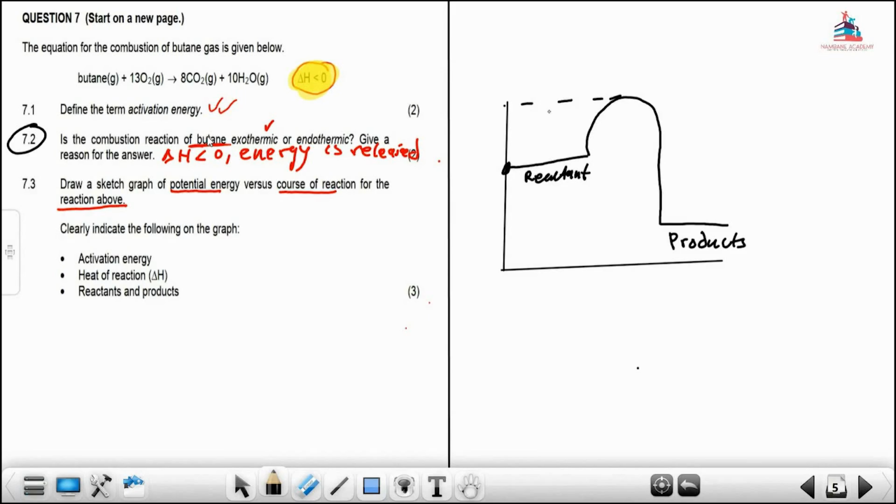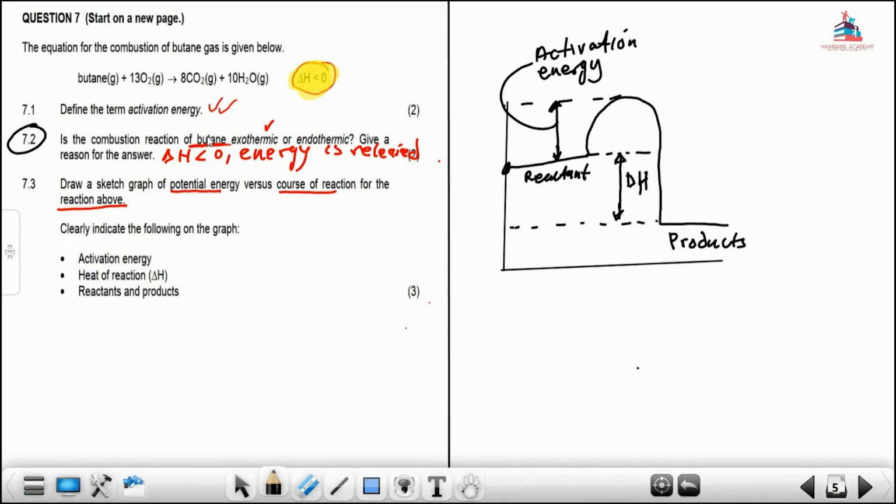Then I will have these dots here and that space here and label it the activation energy. And have these dots here and label this my delta H. By so doing, I have done everything that this examiner wanted me to attend to.